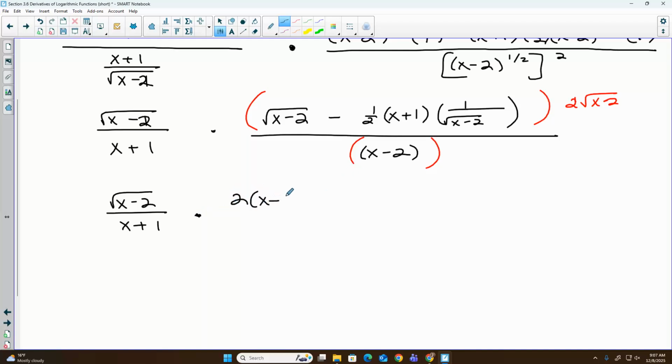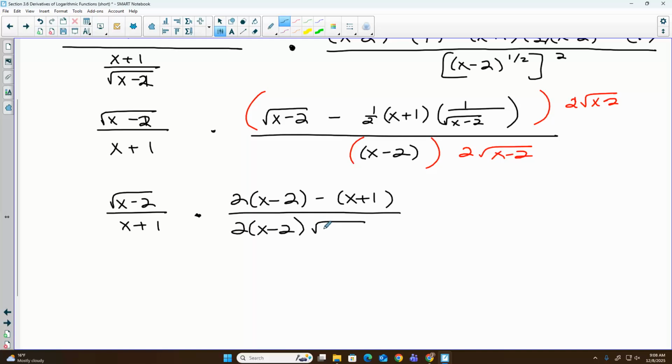The radicals would drop, so it would be an x minus 2. Minus, the 1/2 and the 2 cancel, x plus 1. The radical x minus 2 cancels. x minus 2, radical x minus 2.